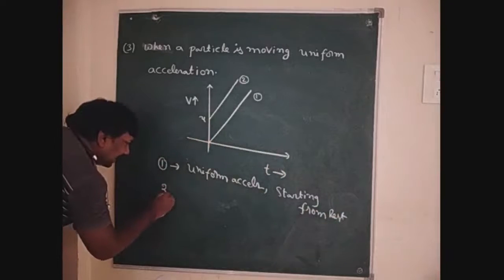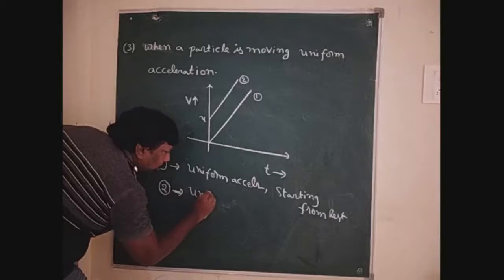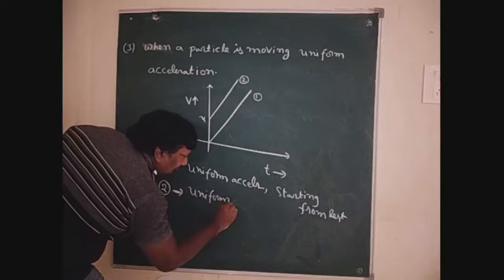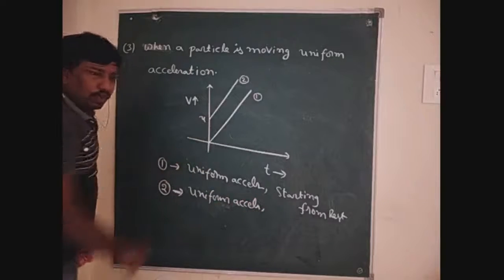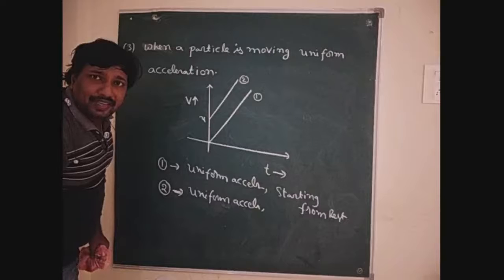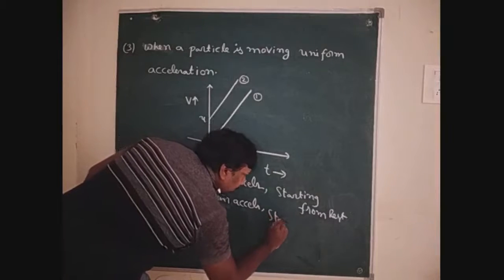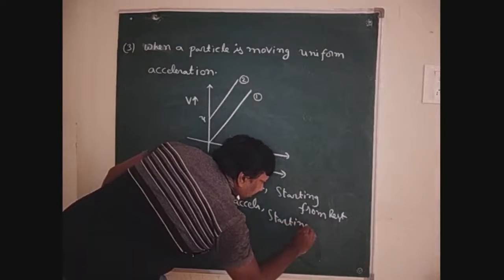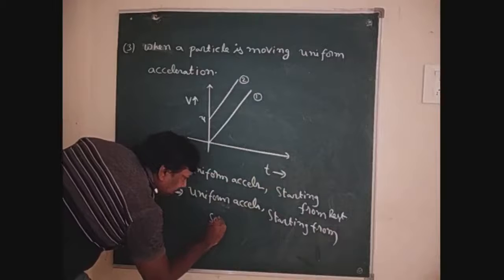But the second line is also uniform acceleration, when a particle is starting from some initial velocity.